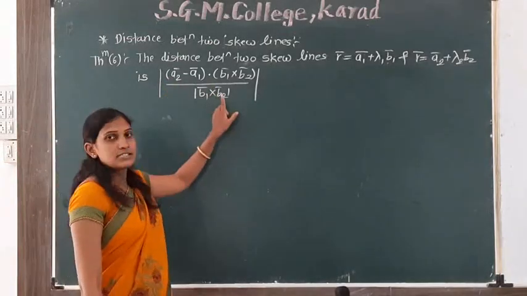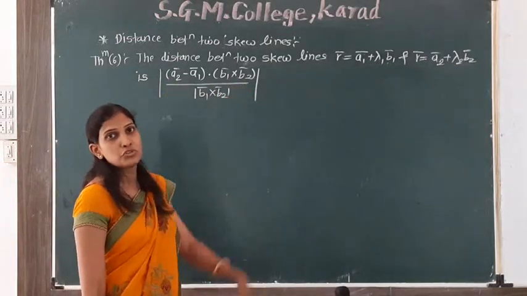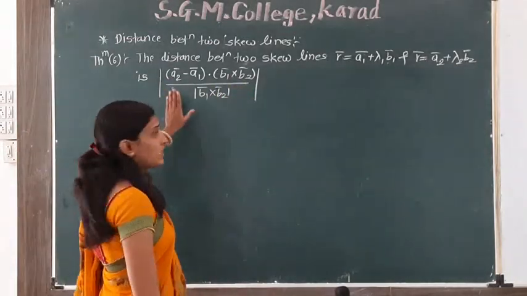This is the distance formula between two skew lines. Now we have to derive this formula.